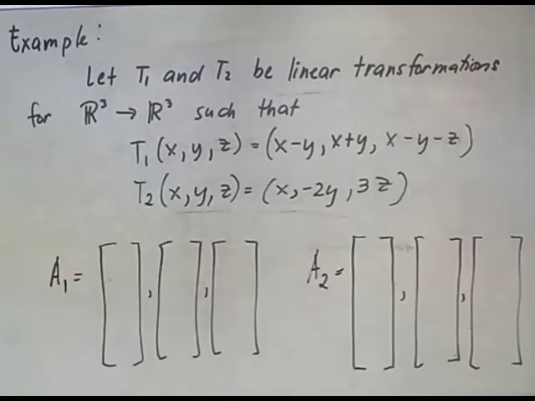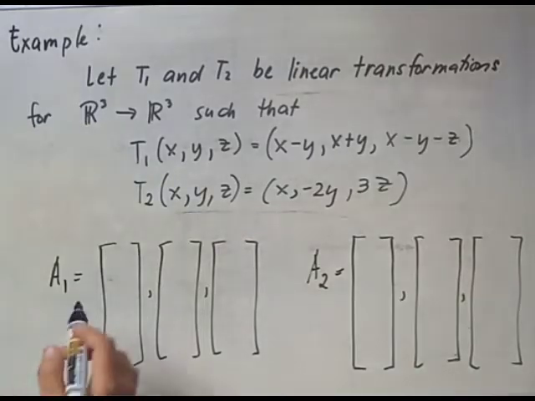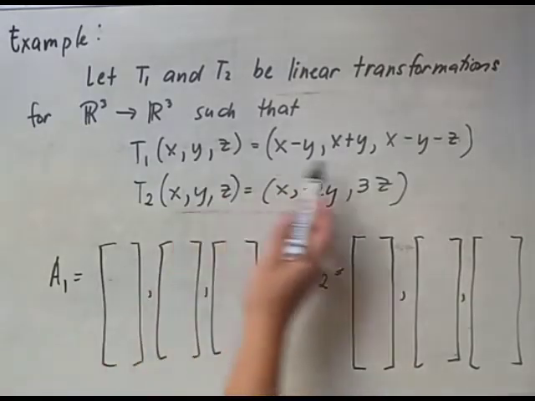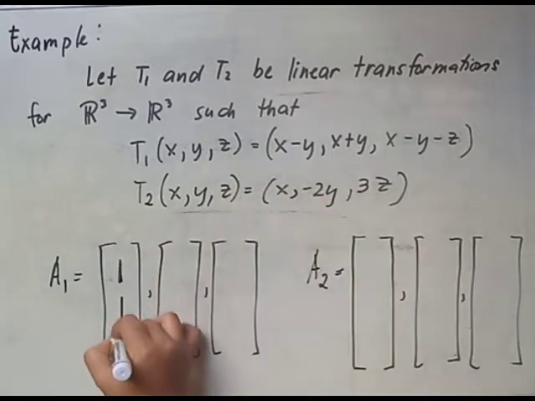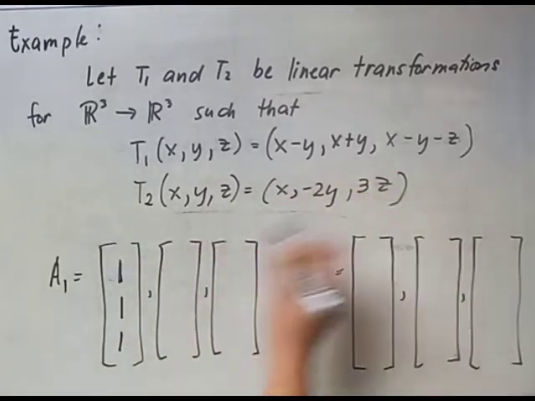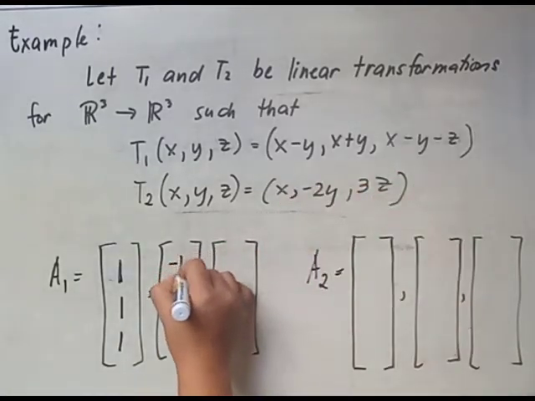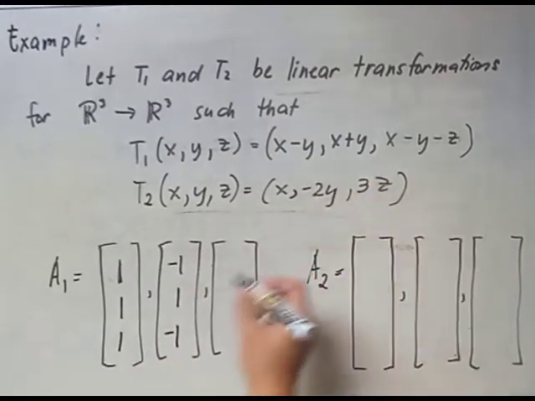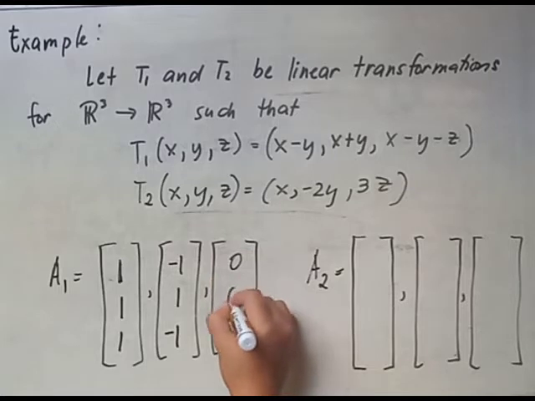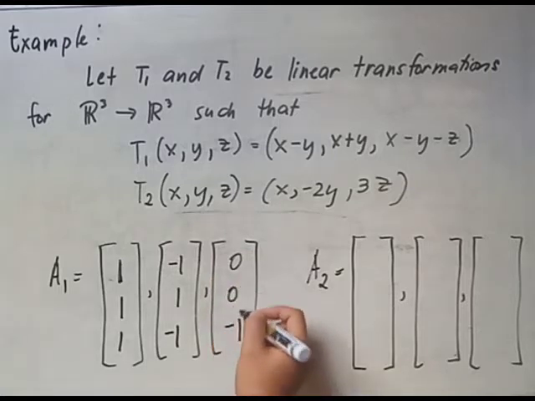So first, we are going to take the values of x, y, and z for the transformations T sub 1 and T sub 2. So we have here two matrices A sub 1 and A sub 2. In matrix A sub 1, we have x values of 1, 1, 1, and y values of -1, 1, and -1, and z values of 0, 0, -1.